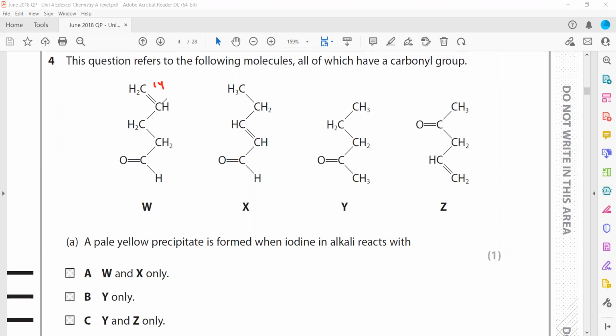This is 14. This is 12 plus 1, 13. So 14 plus 13 will be 27. And if it is like this, 16 plus 12, that is 28 plus 1, 29. So this will give 29. This also 29.